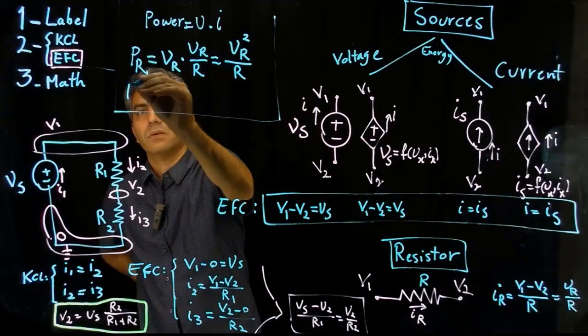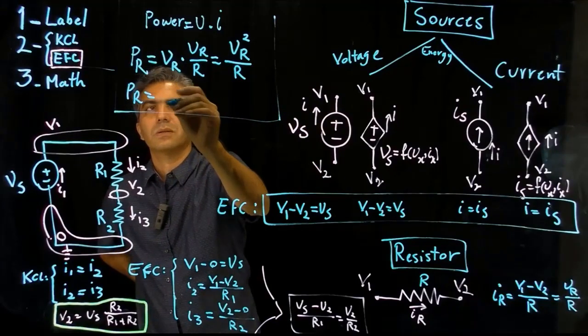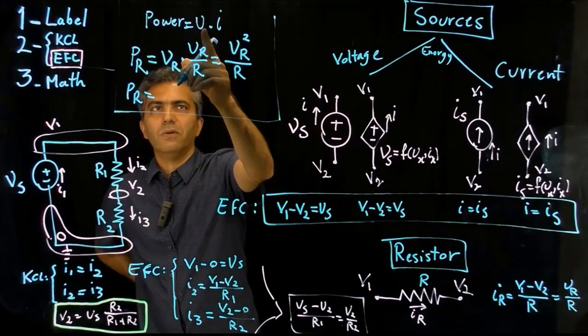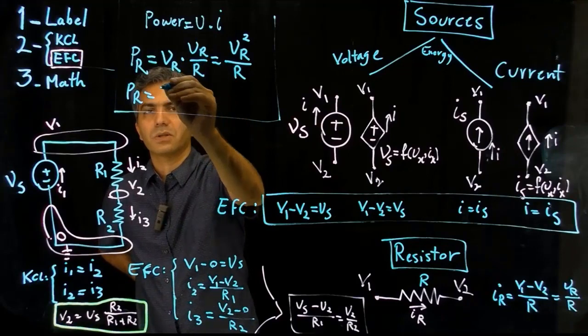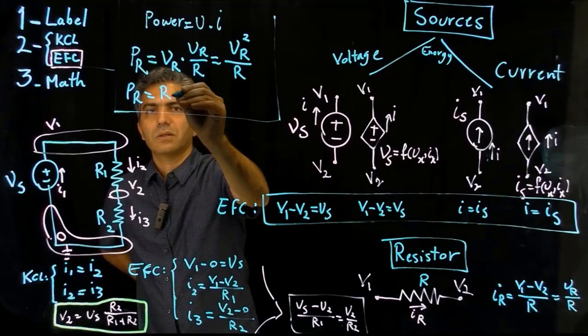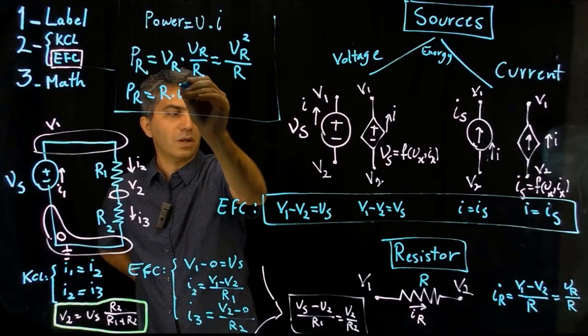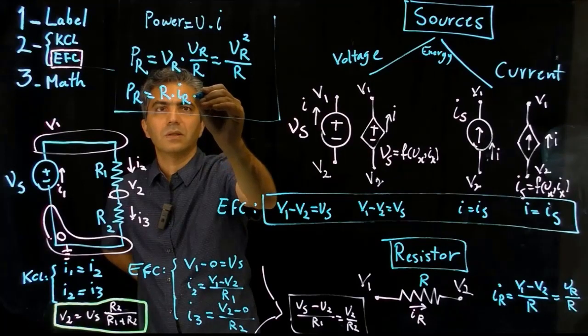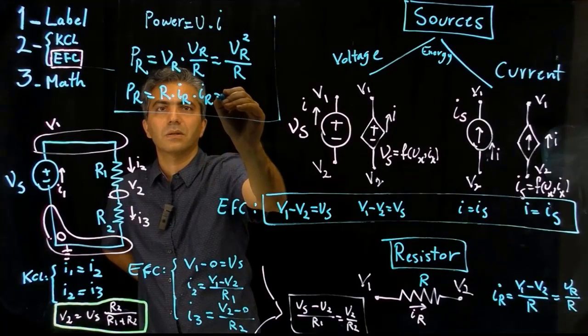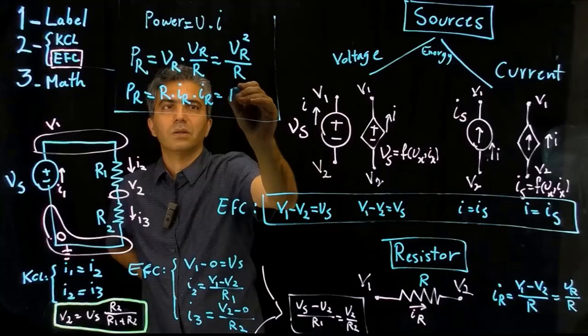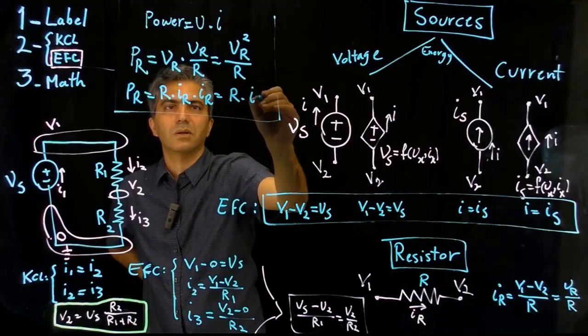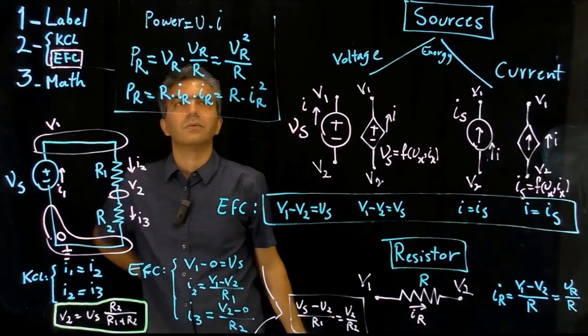There's a different way of doing this. I can write the voltage as a function of current, which is the resistor times the current of the resistor, times the current of the resistor, and that would be the resistor times the current of the resistor to the power of 2.